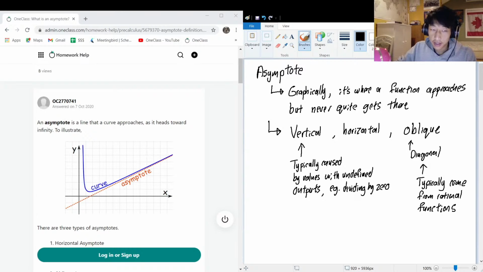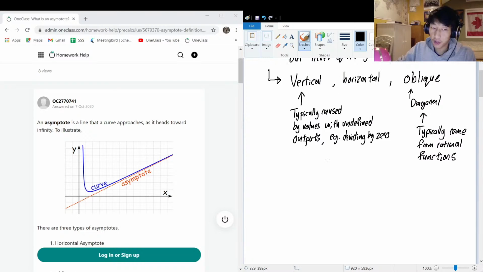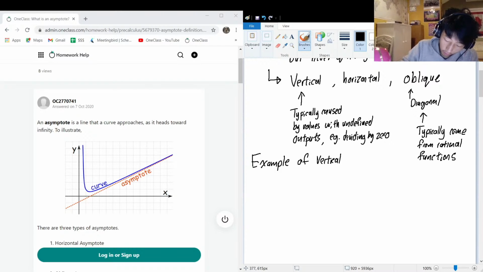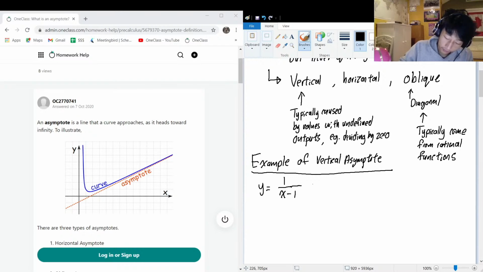Okay, cool. So these are what asymptotes are, and visually they kind of look like this. An example of a vertical asymptote would be y equals 1 over x minus 1.